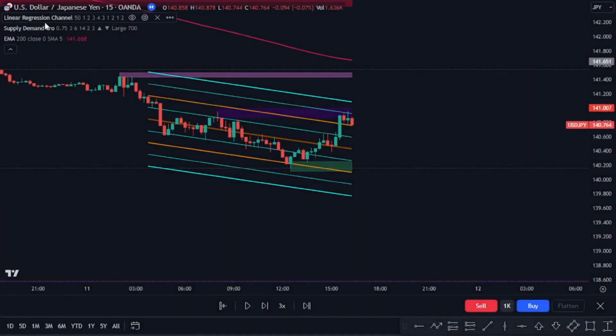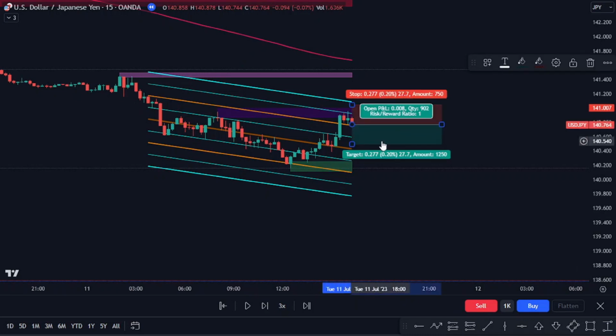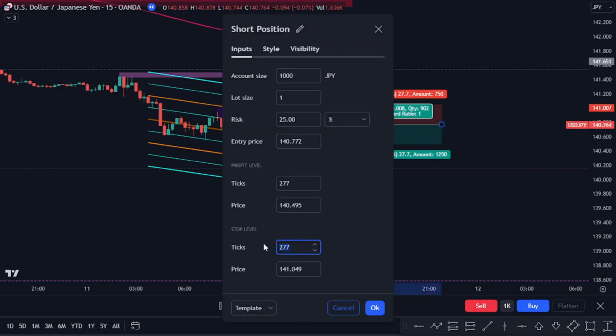Hey everyone, I'm thrilled to introduce to you our cutting-edge linear regression channel indicator, which is an extraordinary tool to revolutionize your trading strategy with its exceptional win rate and unmatched accuracy. Developed using advanced algorithms and meticulous analysis, this indicator has emerged as a game changer for traders seeking consistent profits in highly dynamic markets.